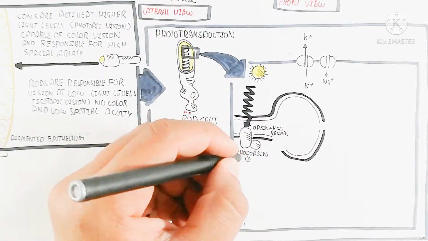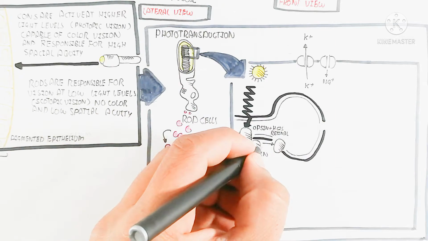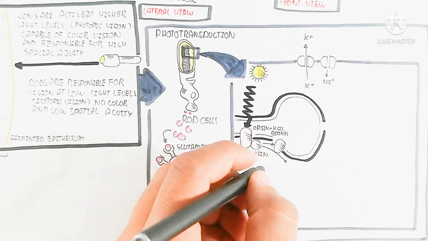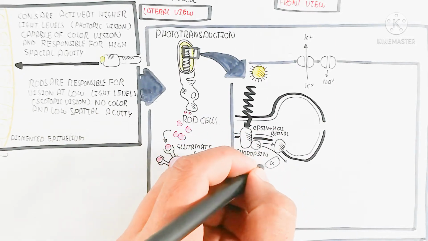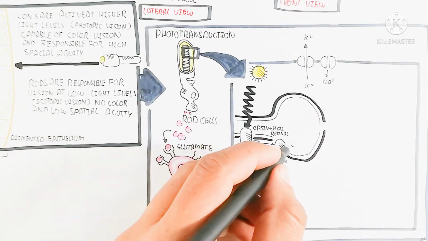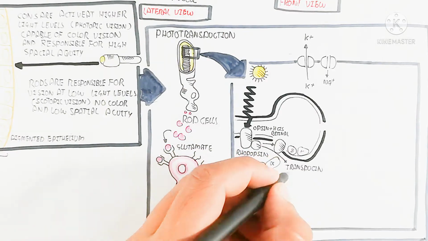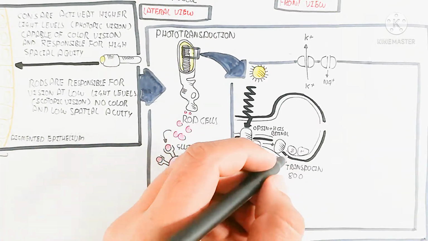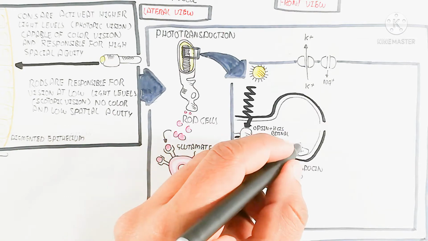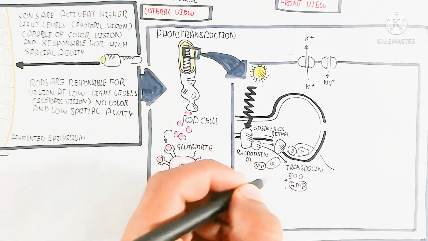After this binding, the rhodopsin will trigger the phosphodiesterase enzyme, and this rhodopsin and also the transducin contain a trimeric protein: alpha, beta, and gamma. Alpha contains GDP and will be activated through this mechanism. Rhodopsin will activate and the phosphodiesterase enzyme will be activated to convert the alpha GDP to the active GTP form.